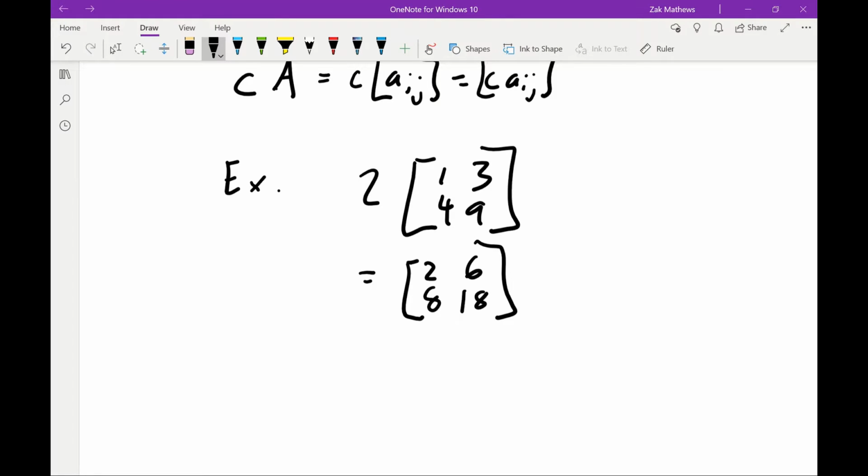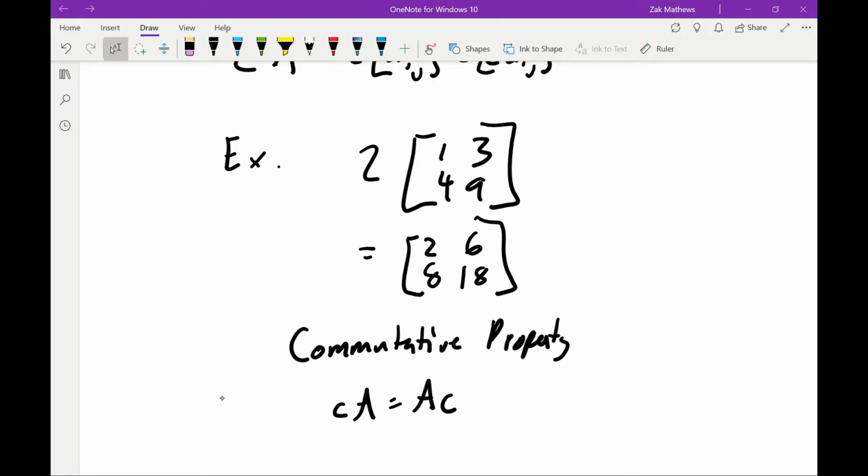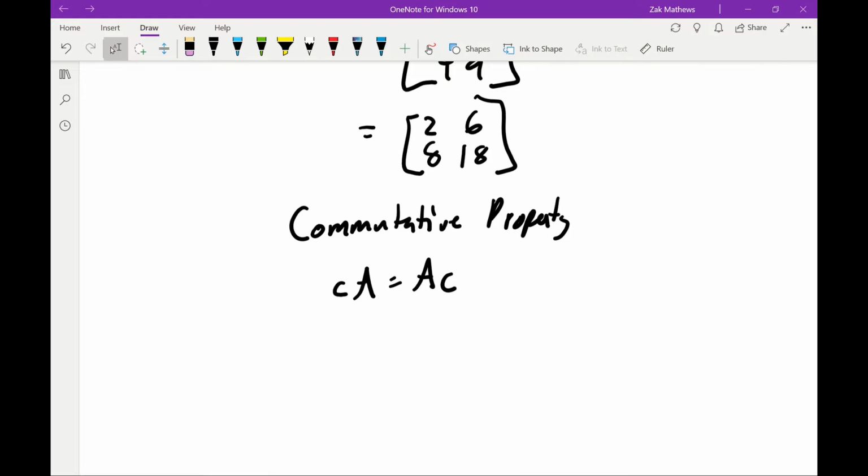We'll get there. So if we think about the properties that are true for scalar multiplication, we have the multiplicative commutative property. Does not matter the order in which we multiply. So C times A is equal to A times C. We have the associative property.